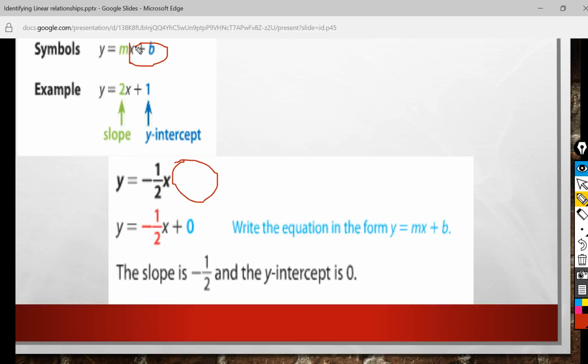But we don't normally do that, so they just leave it blank. But leaving it blank is the same thing as doing plus 0. So we just say the y-intercept is 0. The graph of the equation crosses through the origin, because that is where y is 0 and where x also happens to be 0.